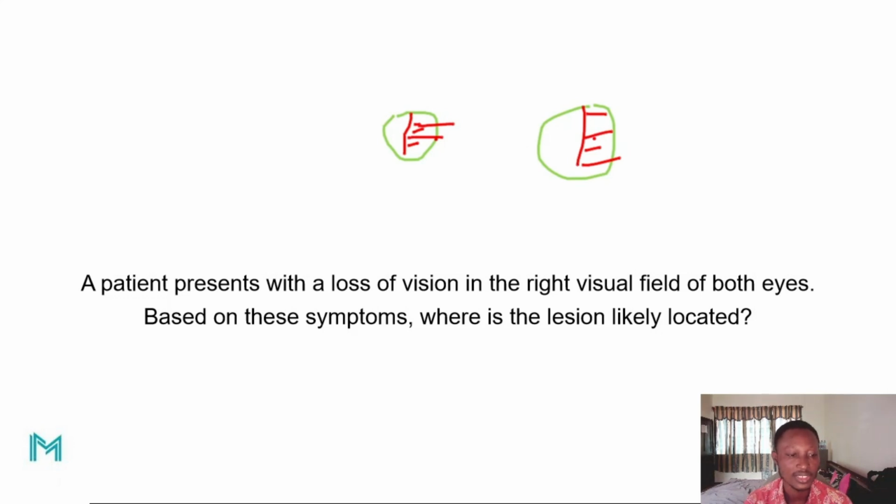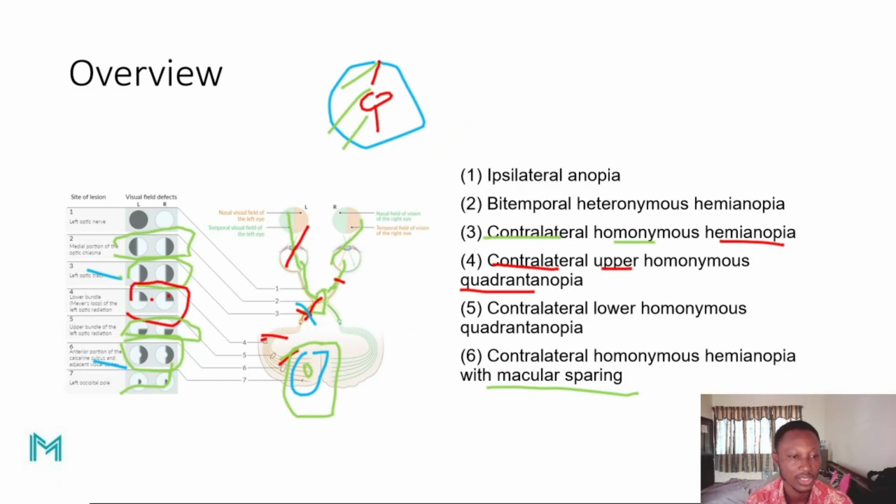With this, if you go back to our previous diagram, that looks like this. Let me use a different color. That looks like this, right? And with this, we said the lesion is occurring at the optic tract.